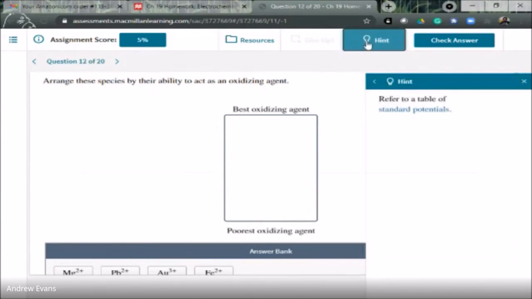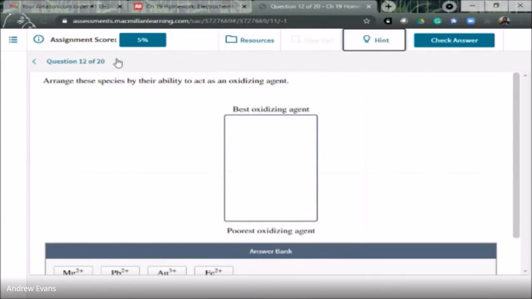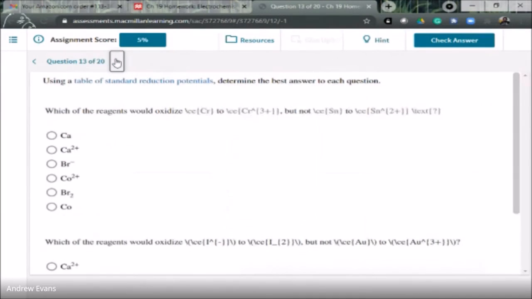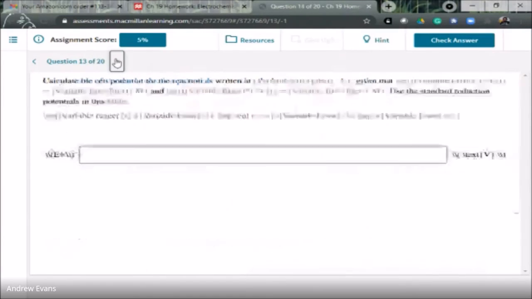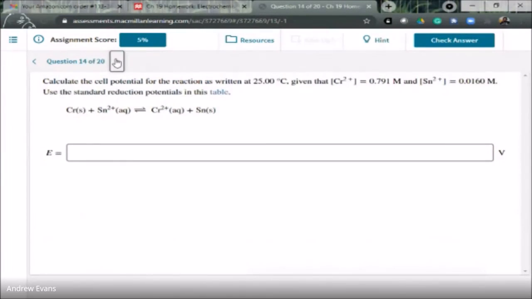Hint, here's the reference. More of understanding that chart and seeing which ones will react and which ones don't react, because we want a positive E cell for a spontaneous reaction. So those will be a good show they understand.